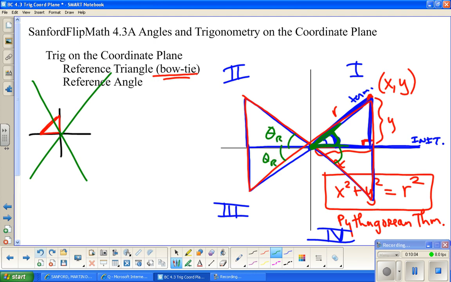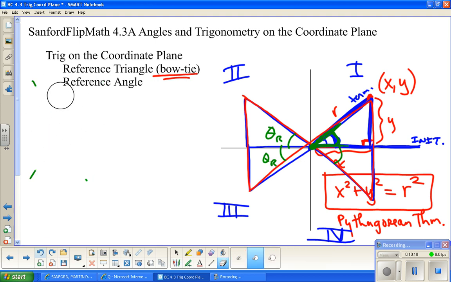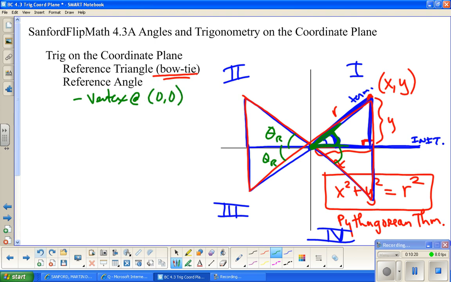A reference angle always has its vertex at 0, 0, at the origin.